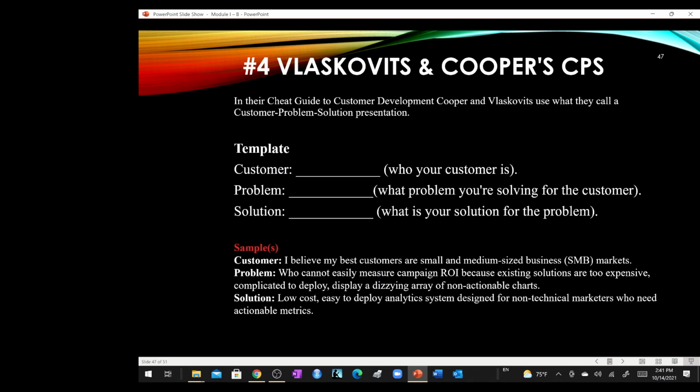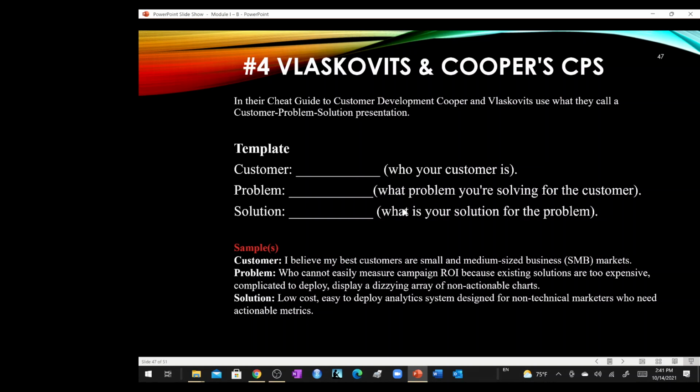Now, if you are doing brainstorming, then I suggest that you use Cooper's matrix here, the CPS template. C stands for customer, P for product or problem, and S for solution. So you can just type, here's the customer, here's the problem, here's the solution.